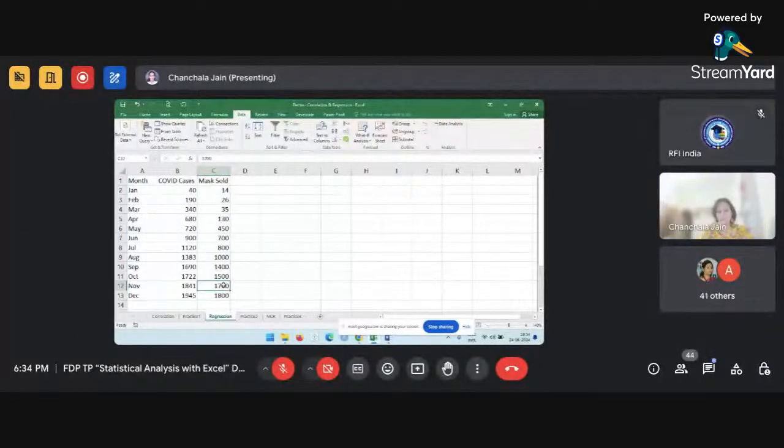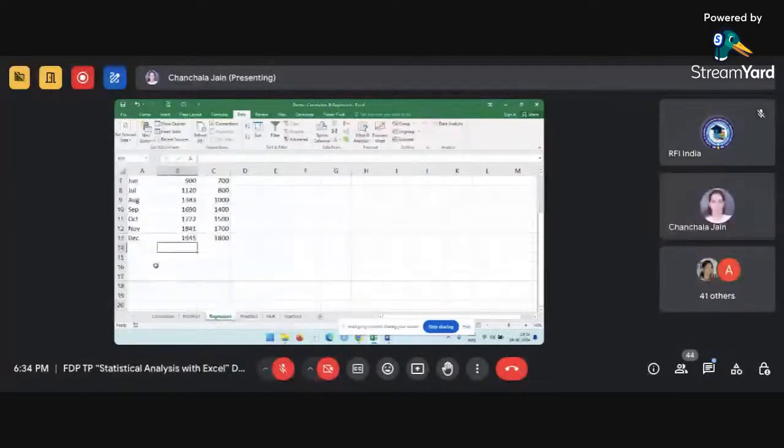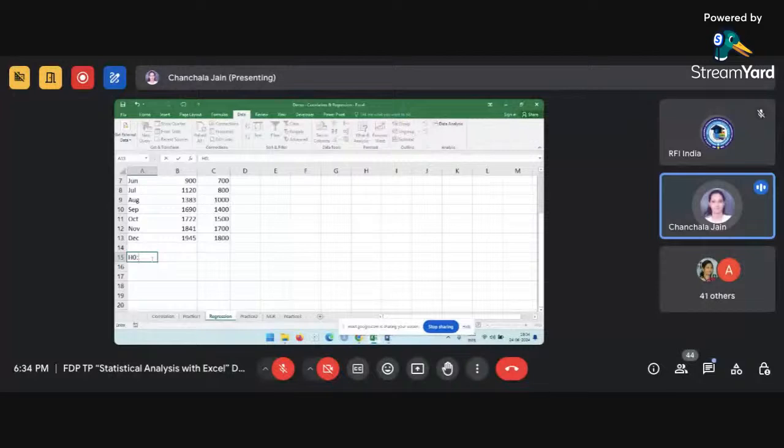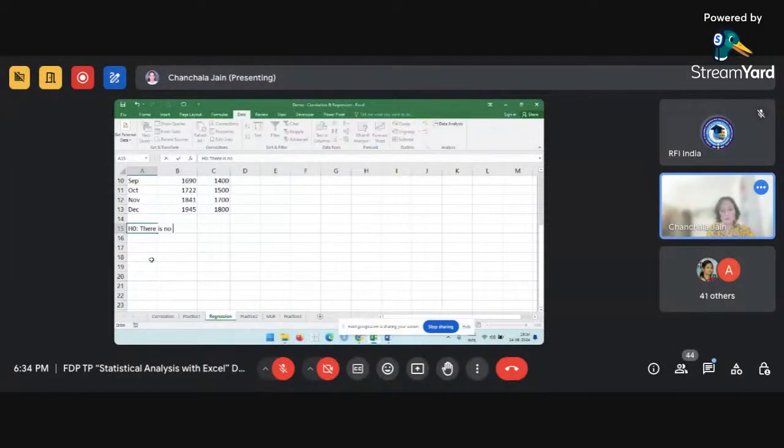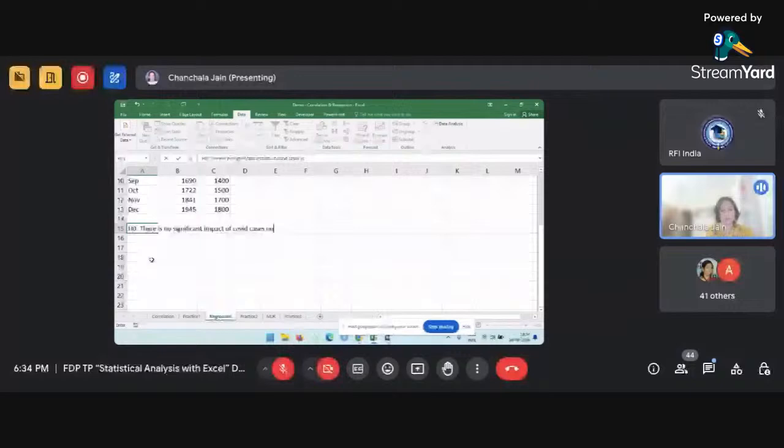Very correct. So I can take here the hypothesis that there is no significant impact of COVID cases on the sales of mask. Right? Is it clear?